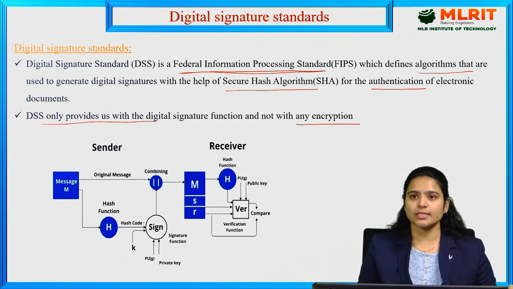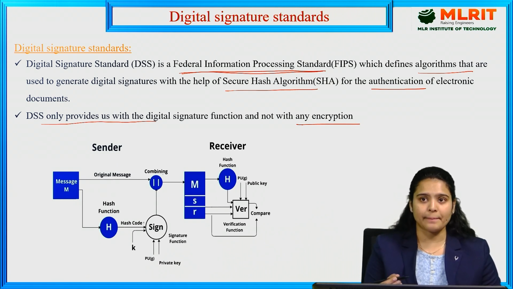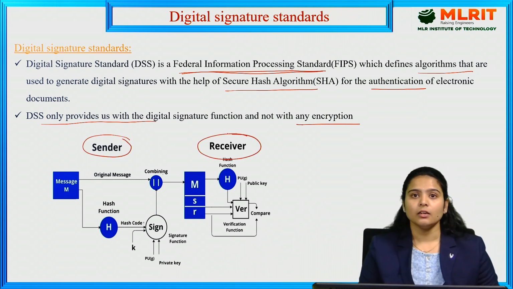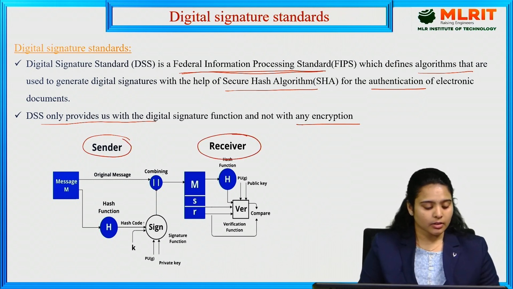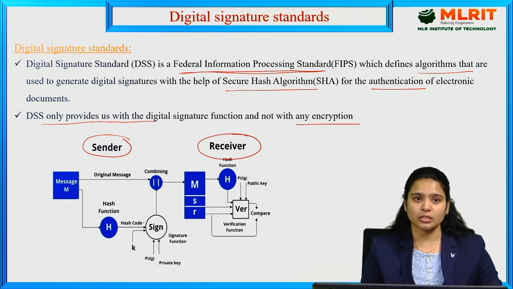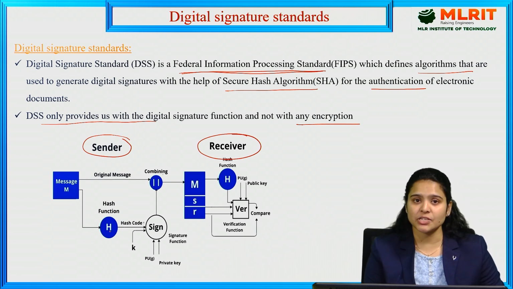That is the digital signature standards. So let us see one example of what happens between the sender and the receiver. The first point is that the message should be connected to the hash function.